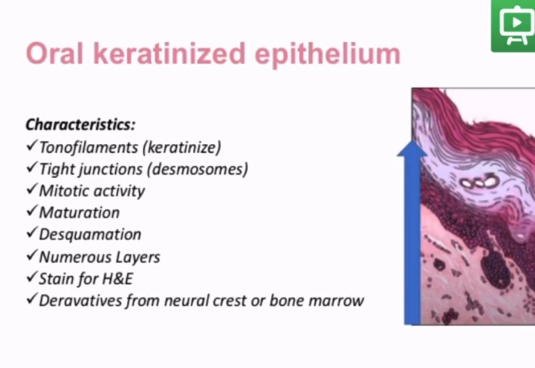They are in multiple layers and they mature and differentiate as we go to the upper layer. We have desquamation, or shedding, of the uppermost layer, and it stains for the hematoxylin and eosin stain. They are derivatives from neural crest or the bone marrow.